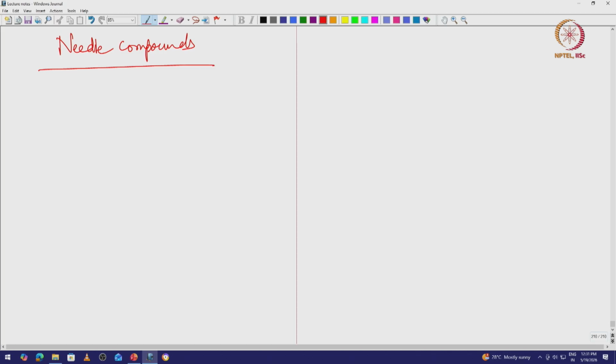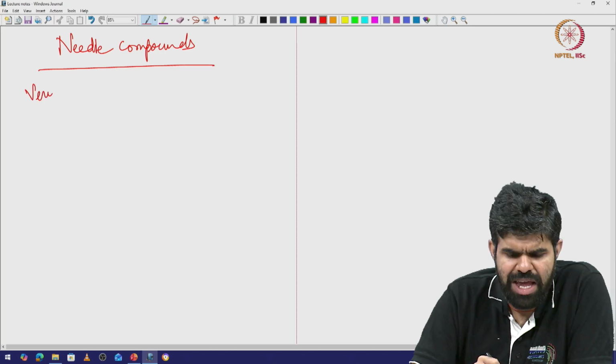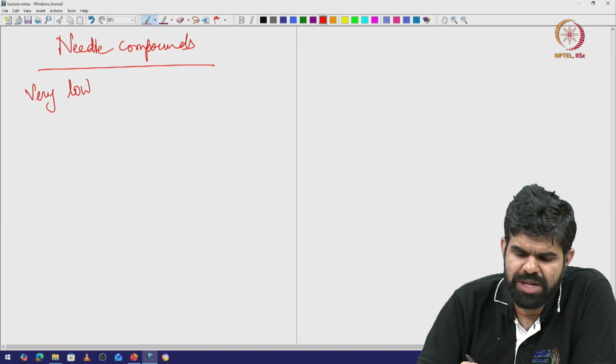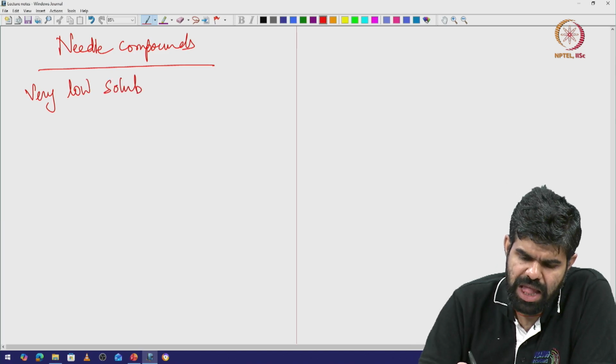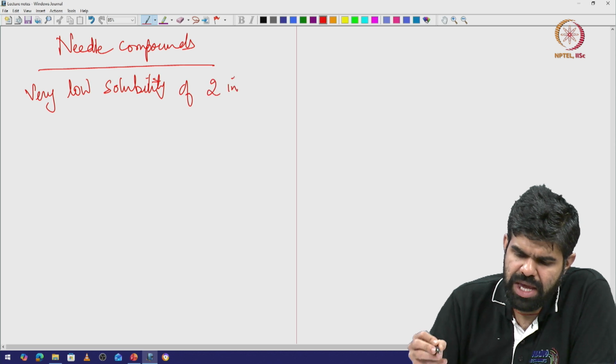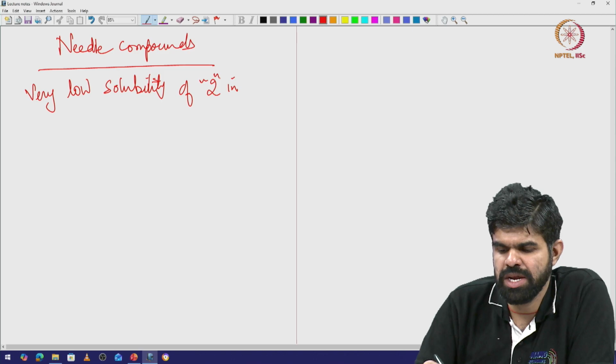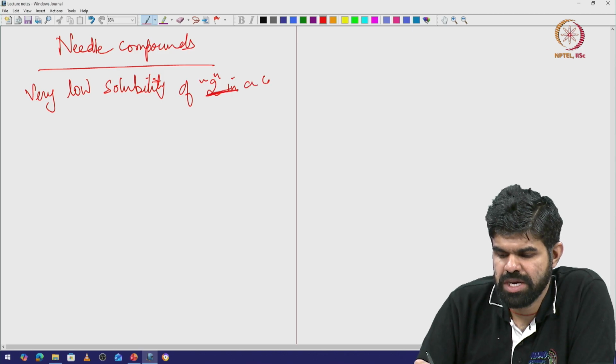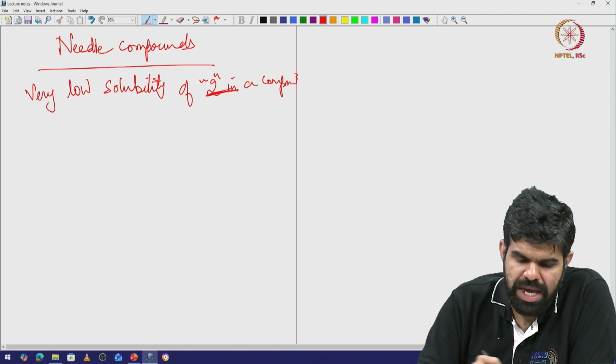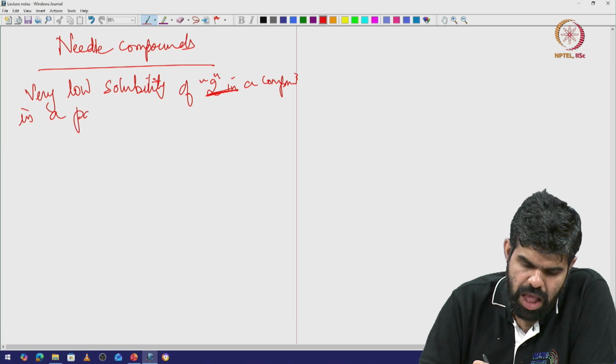A needle compound is something that has very low solubility of one component in a particular phase.